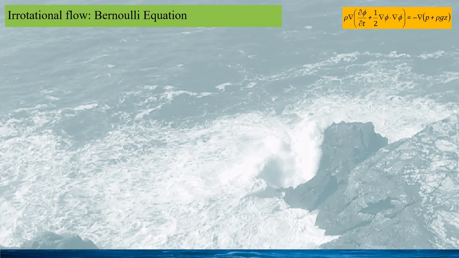Based on the Euler equation, the irrotational flow and the conservative body force, we can obtain the Bernoulli equation, which is the integral form of the Euler equation as this. This is the unsteady Bernoulli's equation for irrotational flows.